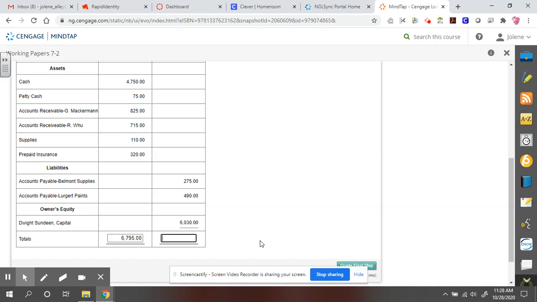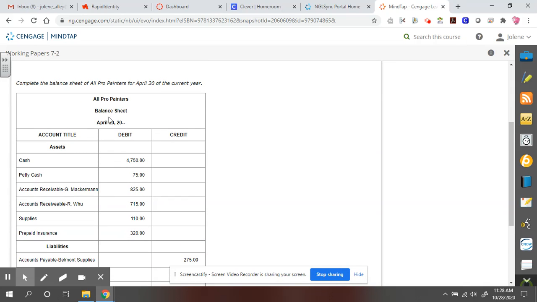I have to verify it. So here I come up with $67.95. I'm going to add it a second time, the same column, to make sure I didn't hit the wrong number on my calculator. So both of them balance, they equal, and that's why we call this the balance sheet.